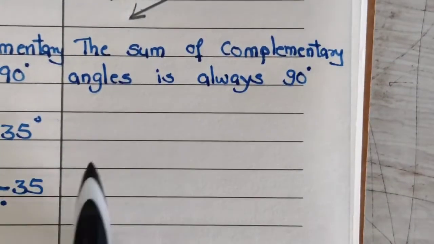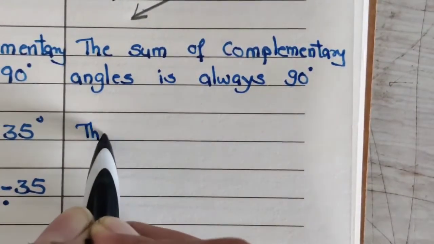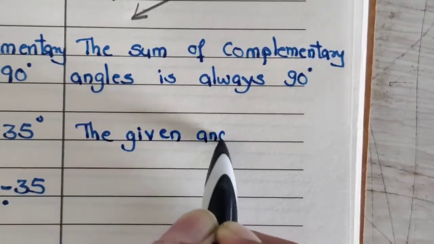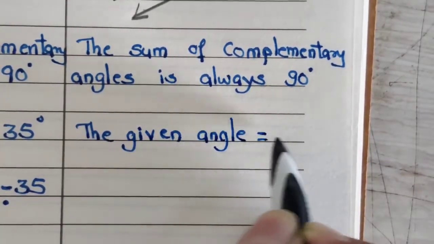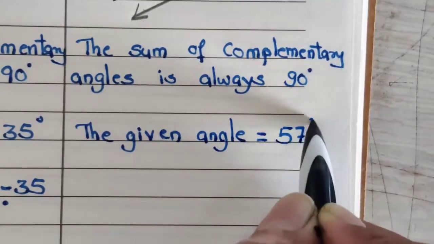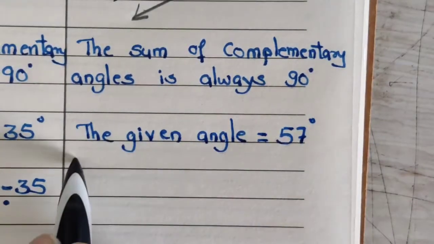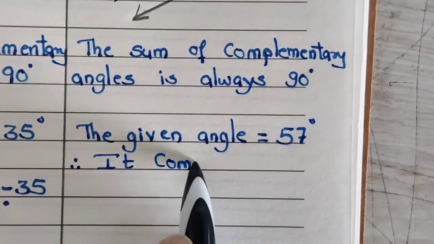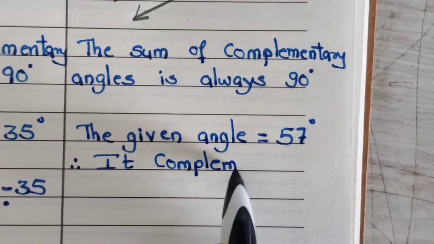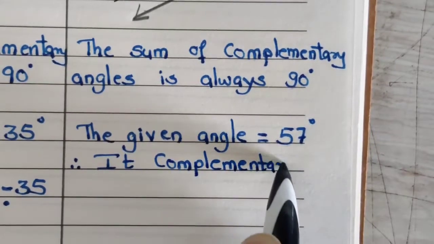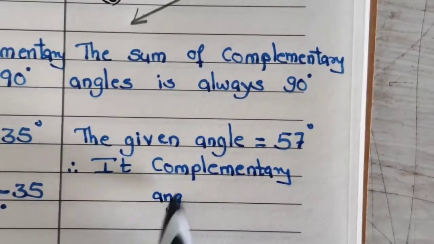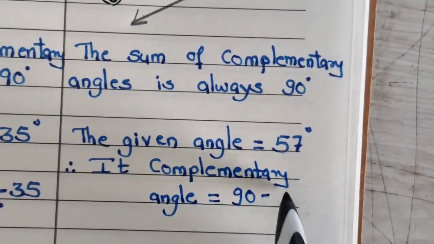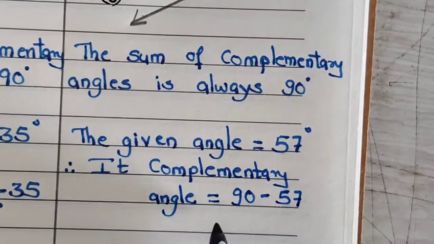Okay, the given angle is 57 degrees. Therefore, its complementary angle will be what? Its complementary angle will be equal to 90 minus 57.